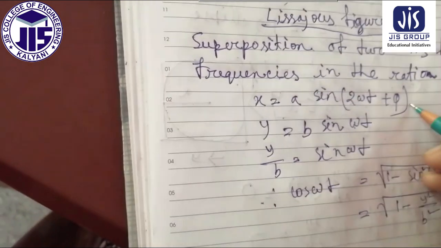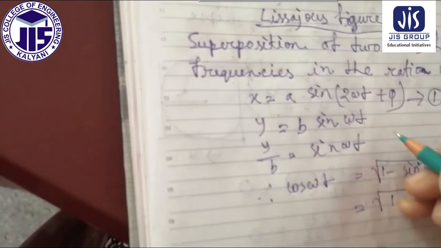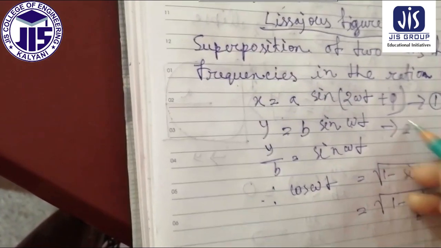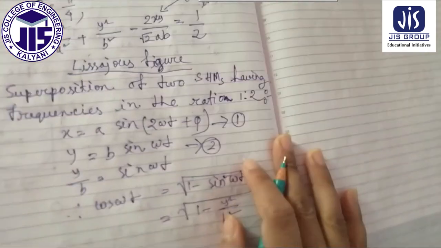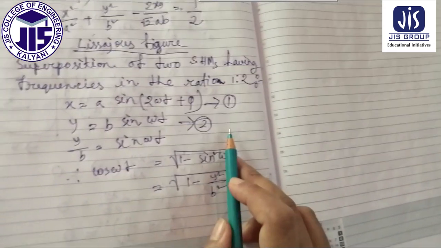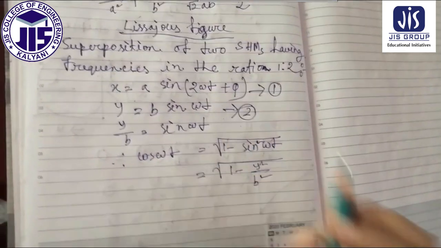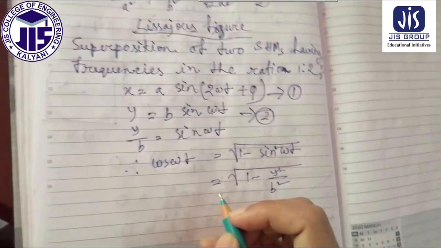Now suppose this is your equation number 1 and this is your equation number 2. Therefore, from 1, what we can write?